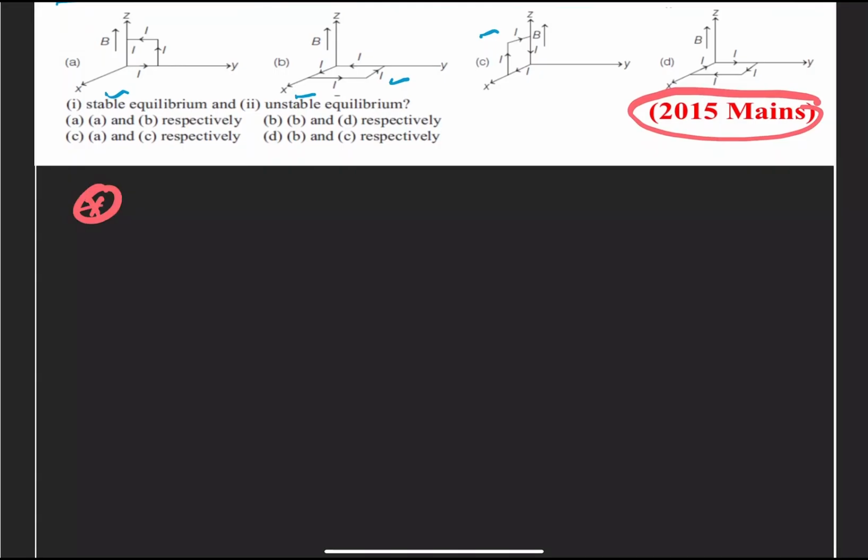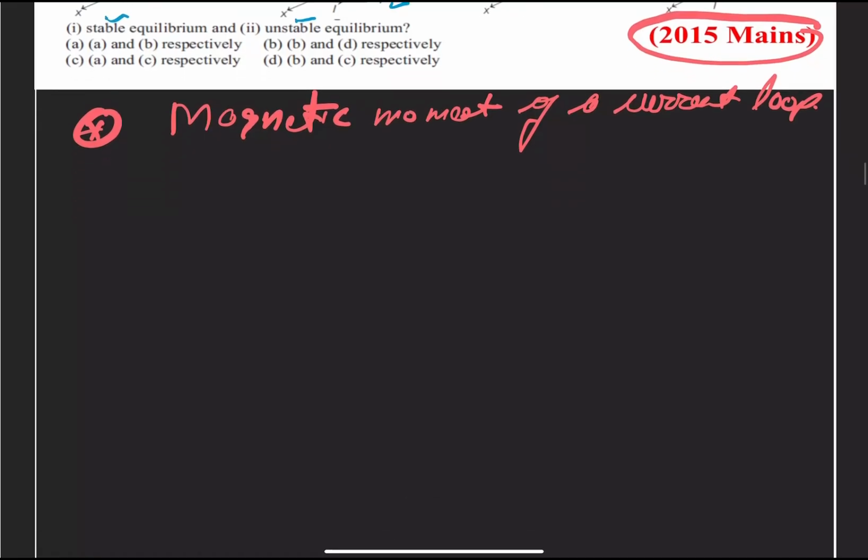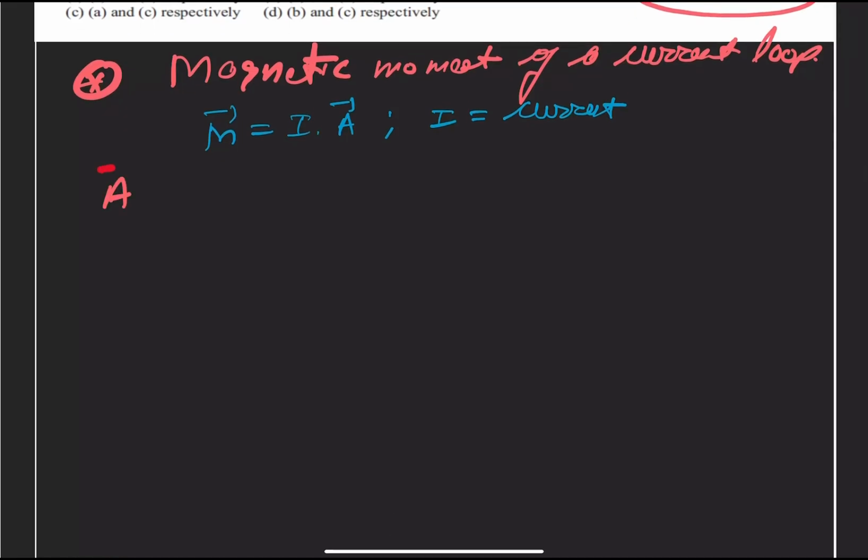We say the magnetic moment of a current loop is given as M equals current times the area vector, where I is our current, and the area vector can be written as A times a unit vector n. This unit vector n plays a very important part in the magnetic moment, because it is always perpendicular to the area.